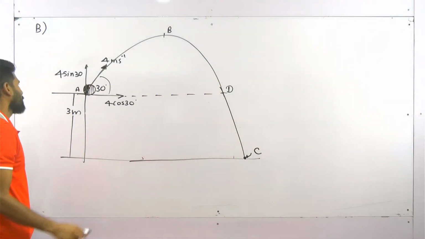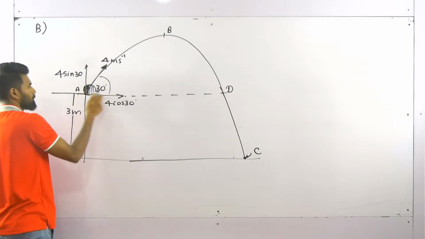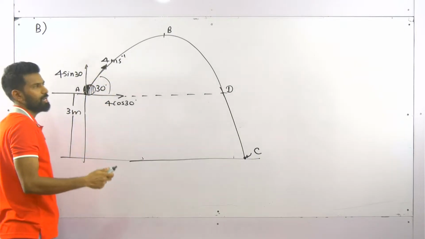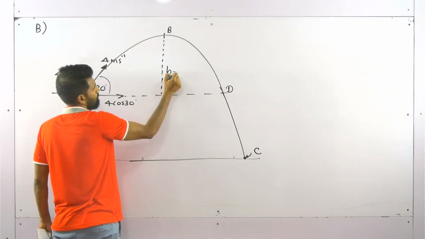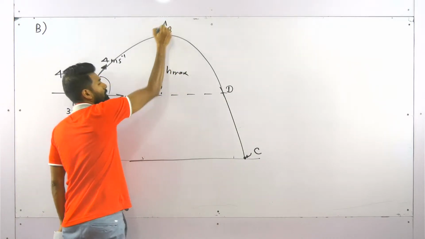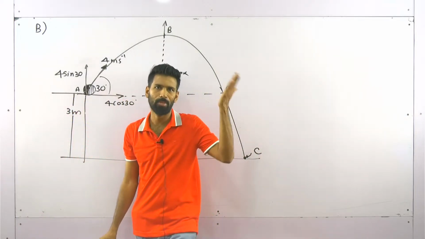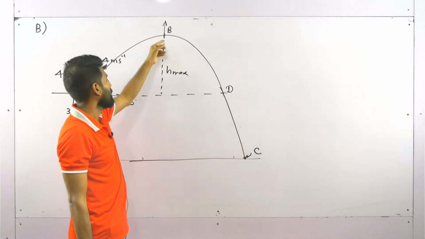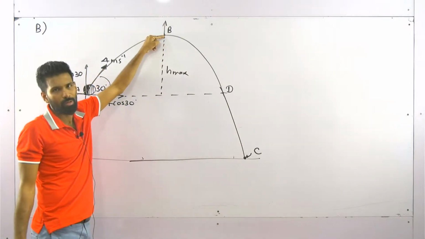Now you know its initial velocity is divided into two parts, 4 cos 30 and 4 sin 30. This is the maximum height. At the maximum height, it doesn't have a vertical velocity. If it had a velocity, it would travel further up, but it will not travel beyond this point or reach a higher level.